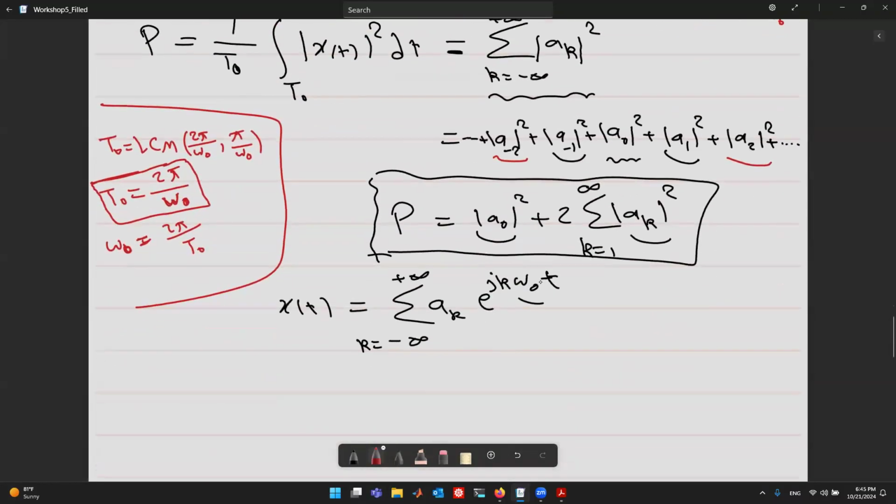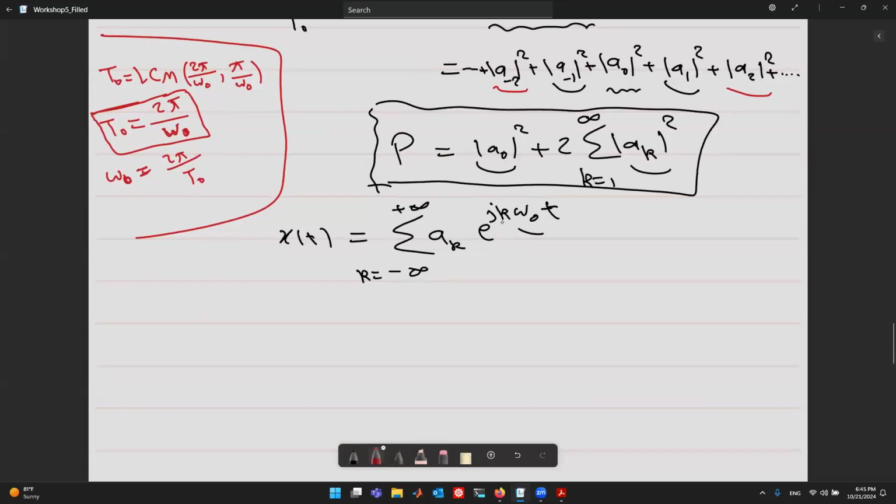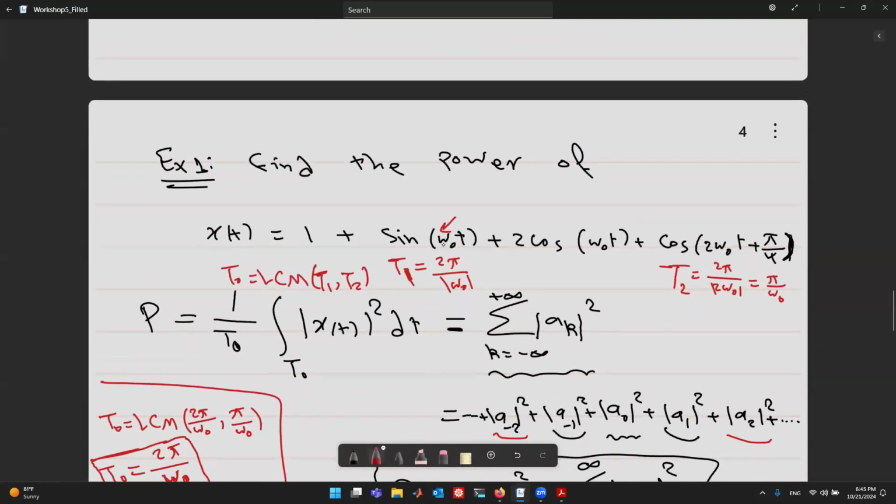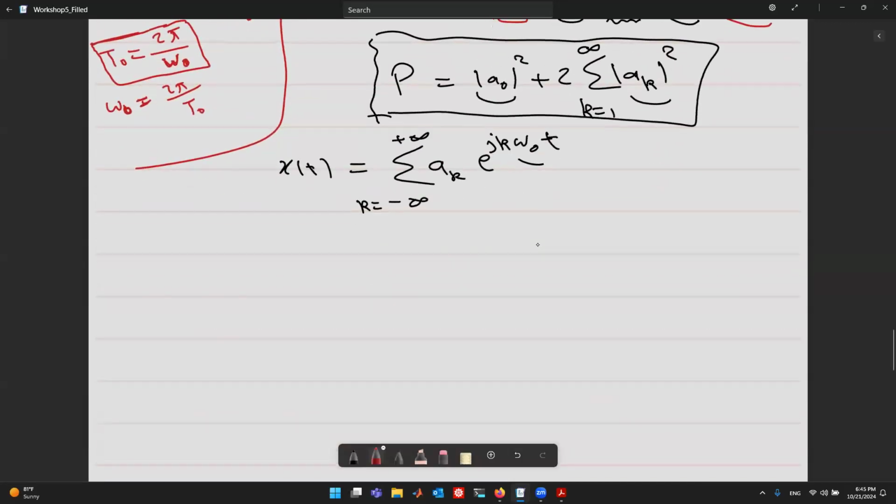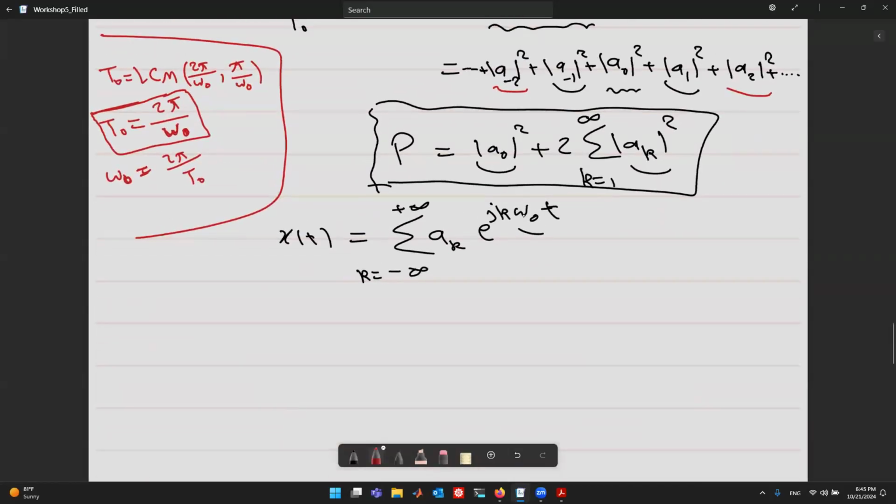So now we have this omega naught. We can give it any number. Let's keep it omega naught for now. Here's the fundamental frequency of the signal, omega naught.